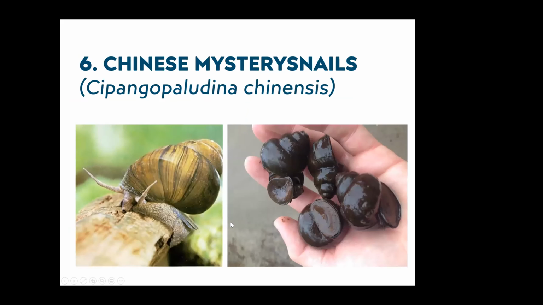A different one is a gastropod, the Chinese mystery snail. These are very large, very globular snail shells. Sometimes you can see they have a little banding pattern on them. The key is they have this really large operculum, or trap door, that they use when they come out of water; it kind of seals shut and helps protect the soft body of the snail.